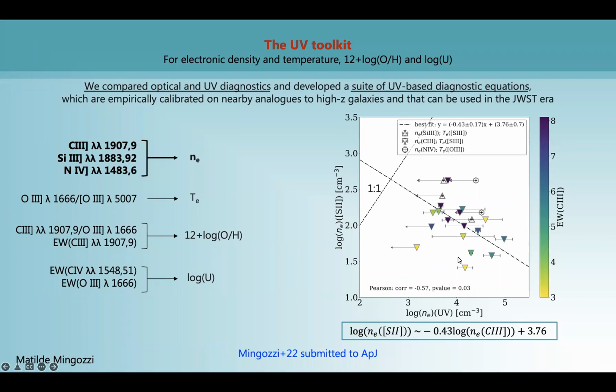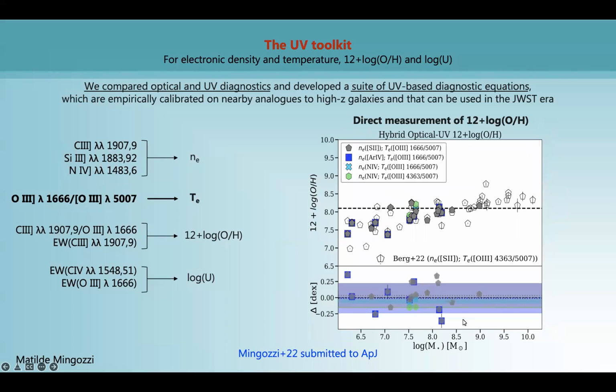And we also find a slight anti-correlation between the two, with basically higher optical densities in the low ionization regions at lower UV densities. So if you want to estimate the low ionization regions density for high redshift systems, that can be useful to compare with, since sulfur 2 is the tracer that we have for the majority of the galaxies, you could use this equation using the carbon 3 densities.